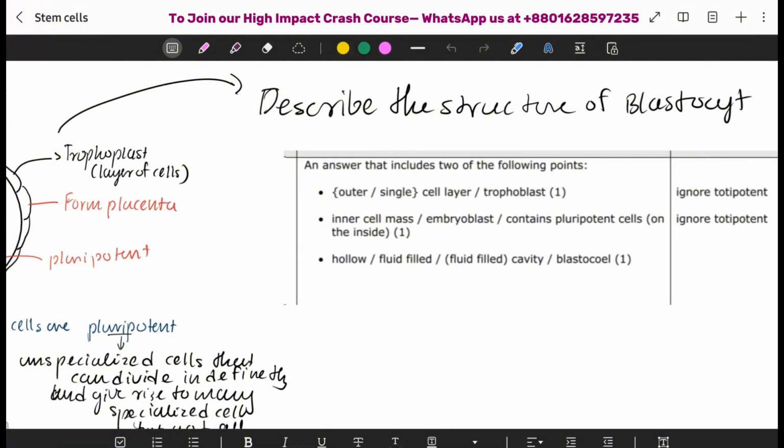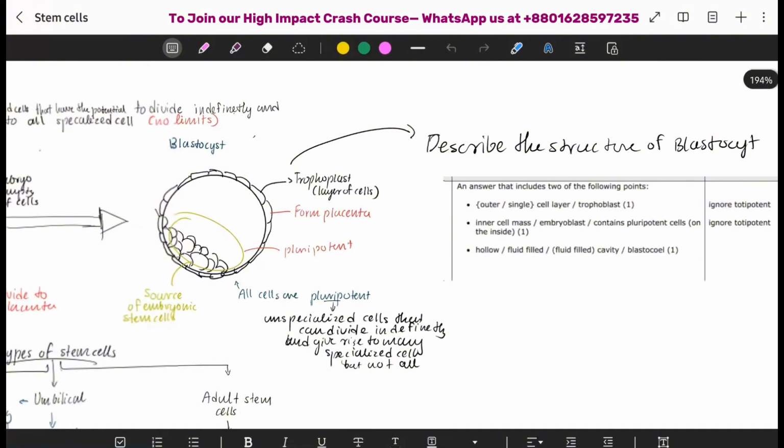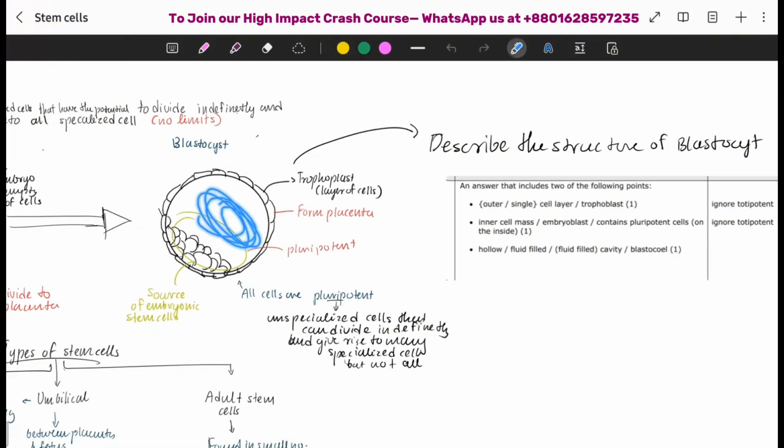And they basically have a hollow cavity inside, which is called the blastocoel. This hollow cavity is not labeled here, but this is the blastocoel. The inner mass, the embryoblast or inner cell mass, will have pluripotent cells, and the trophoblast is the outer layer.